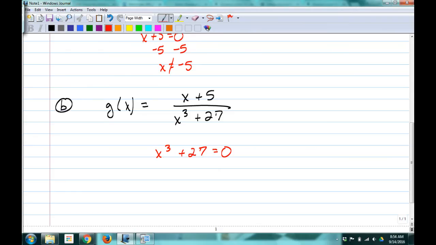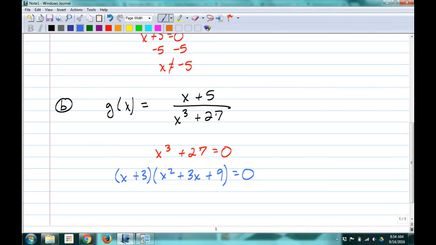It's a sum of cubes, and that would be x plus 3 and then x squared minus 3x plus 9. Sums and differences of cubes are a pattern you should basically learn to do.